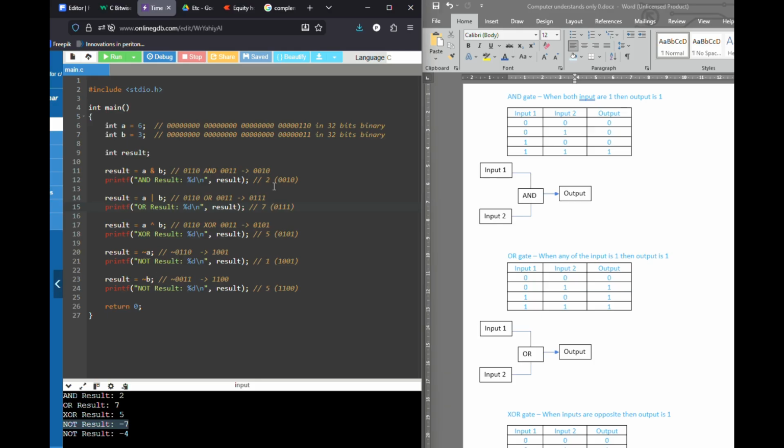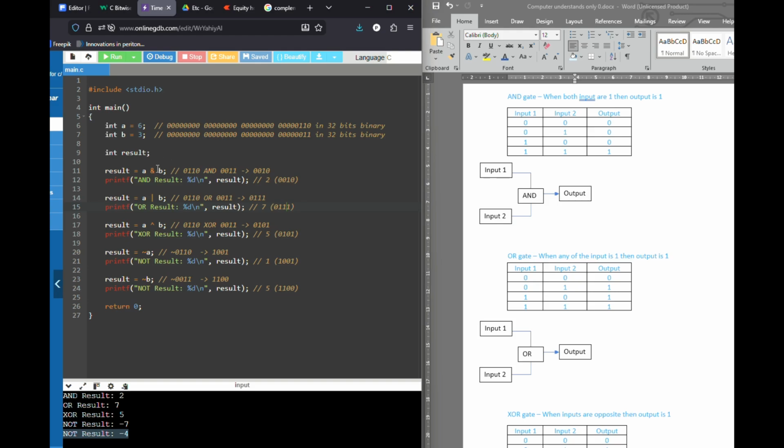So NOT of B means NOT of 3, which is 0011. All the 0s will become 1 and the 1s will become 0. So 0011 will become 1100. This is actually 12, but in C nomenclature, this is minus 4. So the NOT result is minus 4. This is how C can be used for decimal to binary conversion.